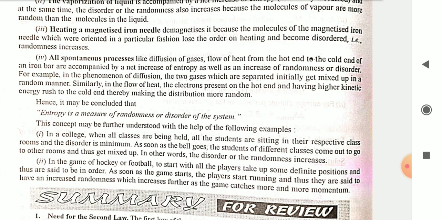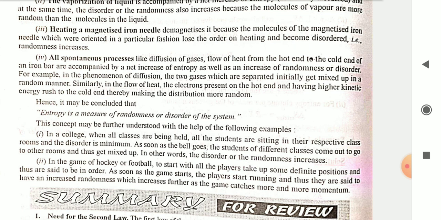This concept may be further understood with the help of the following examples. In a college, when all the classes are being held, all the students are sitting in their respective classrooms and disorder is minimum. As soon as the bell rings, the students of the different classes come out to go to other rooms and then mix up. In other words, disorder or randomness increases.